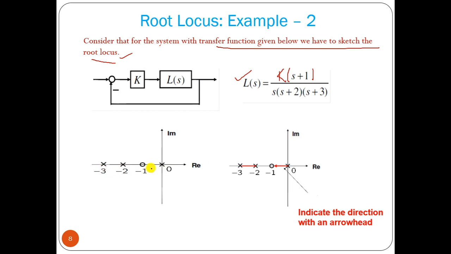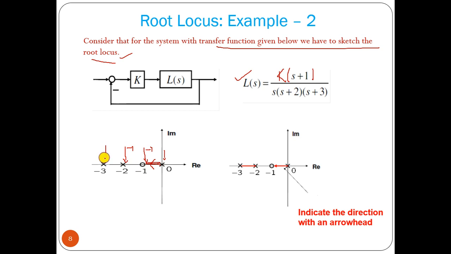Now we can find out the real axis segments. How can we find out? If you look here, we don't have any pole or zero on the right hand side, so there is no root locus path. If you look at this point on the right hand side, we can see one pole, so there must be a root locus path, and the direction should be pole to zero. Now if you look here on the right hand side, we can see two poles and a zero, so there is no root locus path.